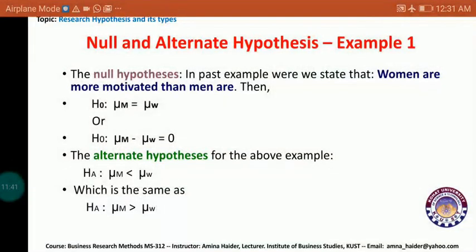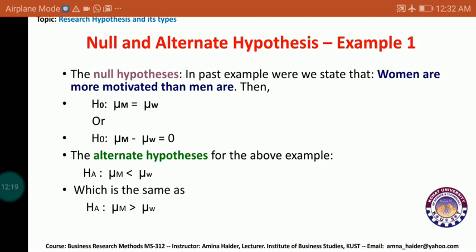Here is an example to explain the null and alternative hypothesis. In the past example, we stated that women are more motivated than men are. Previously we said that it's a directional hypothesis. To convert it into null and alternative hypotheses, if we state that there is no difference in the motivational level of men and women, then it's a null hypothesis.